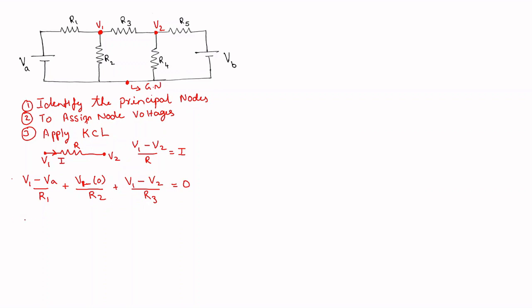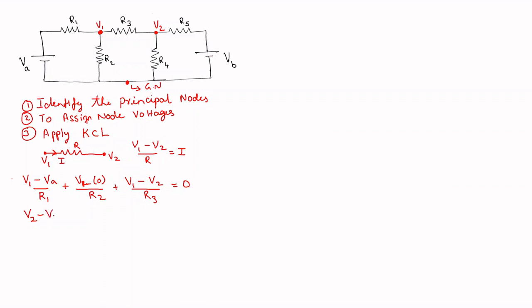Likewise, for node 2, if we apply Kirchhoff's current law, let V2 be greater. While writing the node 2 equation, you have to write V2 minus the other end, which is VB.